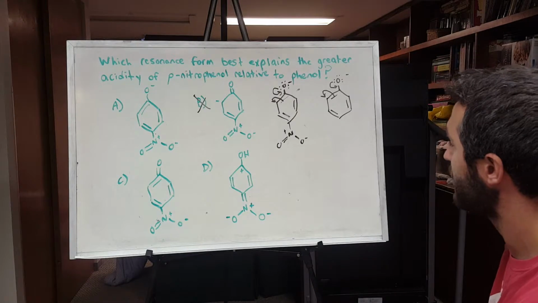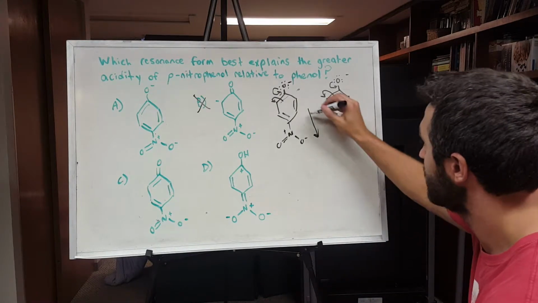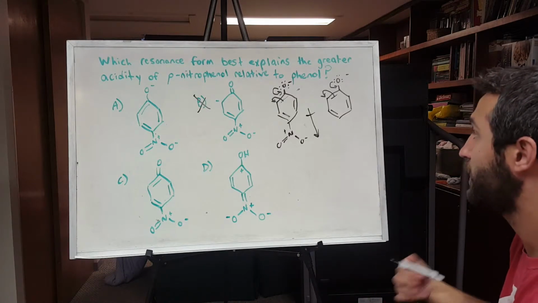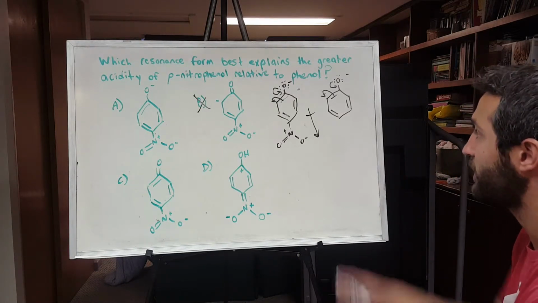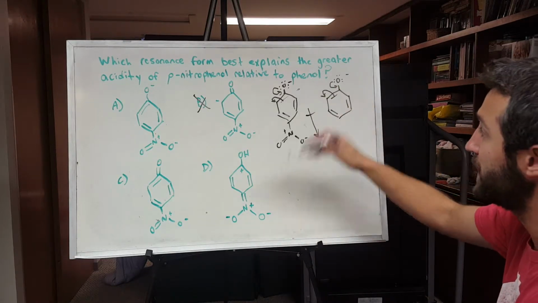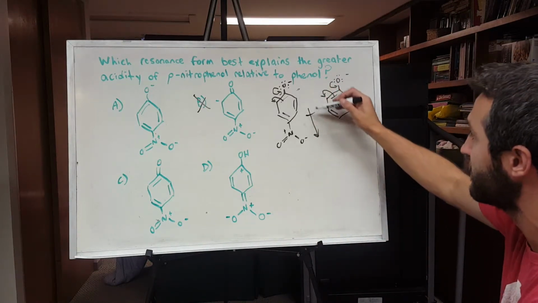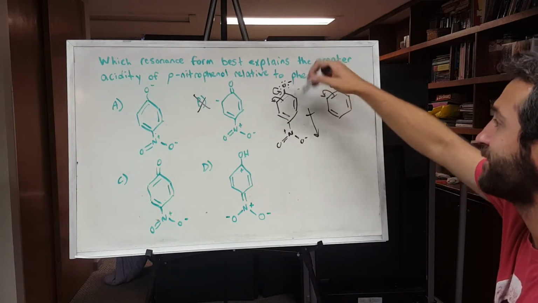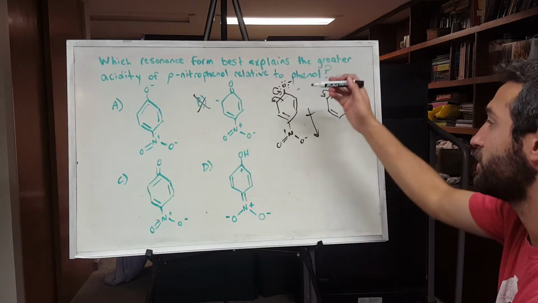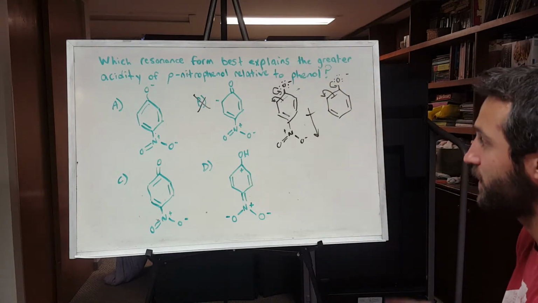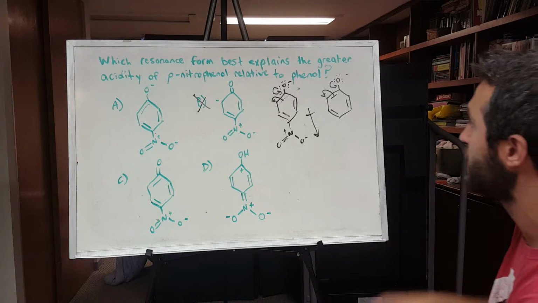What that means is it draws electron density away from the benzene ring, making it less of a nucleophile and allowing fewer electrophiles to attack. But in terms of pKa, it takes electron density away from the negative charge of the conjugate base. It stabilizes the conjugate base.